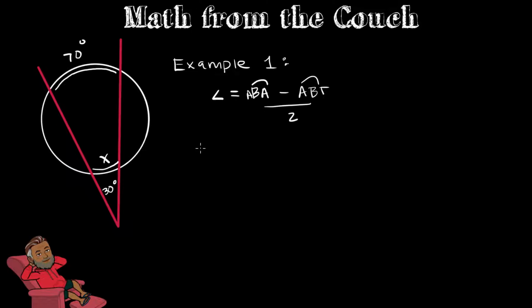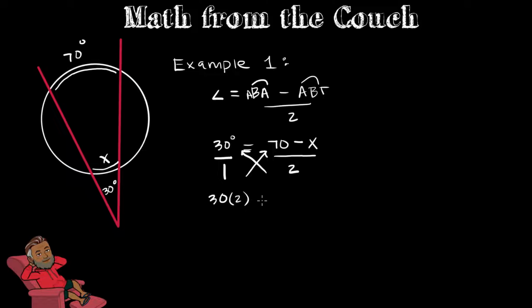So we're just going to plug it in. My angle, which is 30 degrees, is equal to the arc that's bending away from the angle, up here, the 70. So we have 70 minus the arc that is bending towards my angle, which is the x, divided by 2. And now we're just going to cross multiply and solve this thing. So we're going to divide this by 1 so that we have 2 fractions, and now we multiply 30 times 2, which comes out to 60.